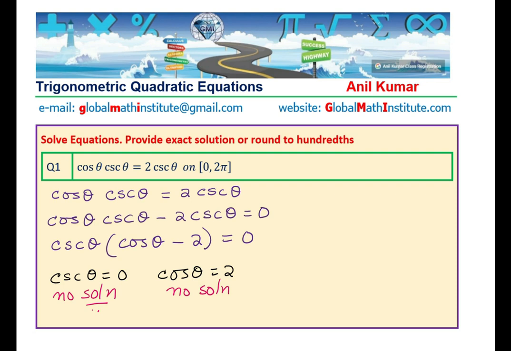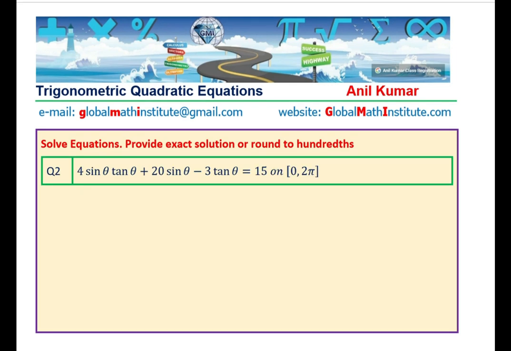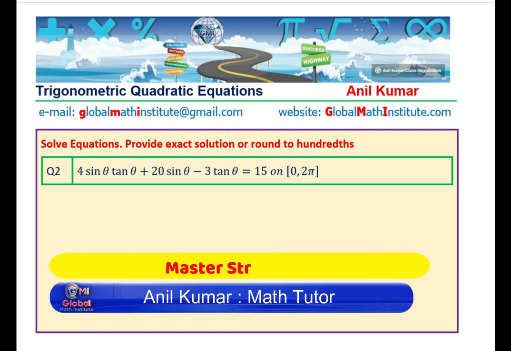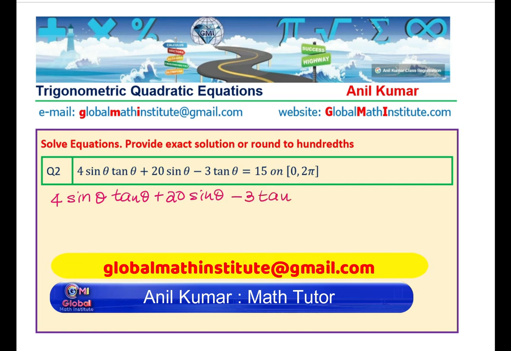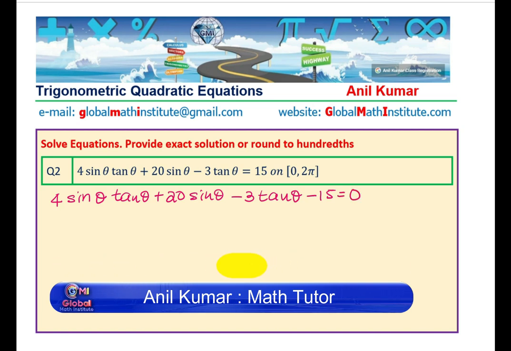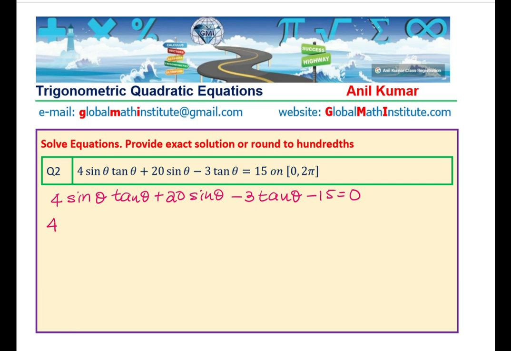Now let us take up the second question, which is 4 sine theta tan theta plus 20 sine theta minus 3 tan theta equals 15. You can bring the terms together and factor. In the first two terms, we have 4 sine theta as common. We are left with tan theta plus 5, right? 20 divided by 4 is 5.